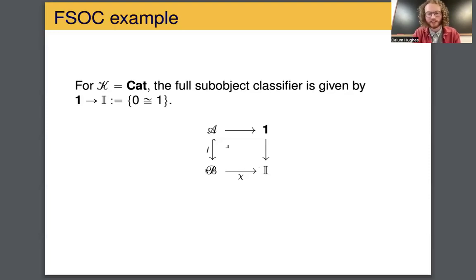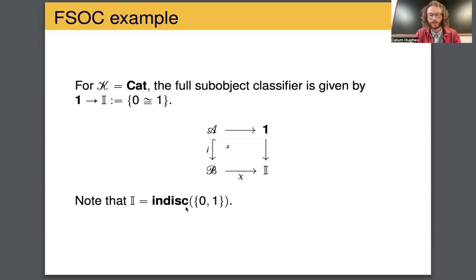And this is certainly a functor, and this makes this into a pullback square. And I should say also that the map 1 into I is certainly a full monomorphism. It's easy to check.